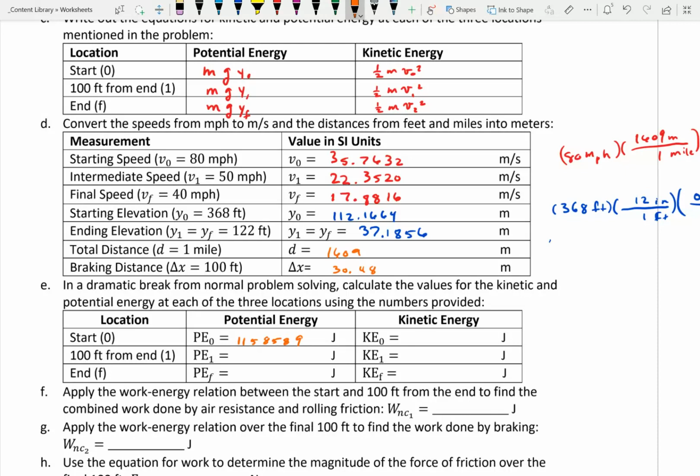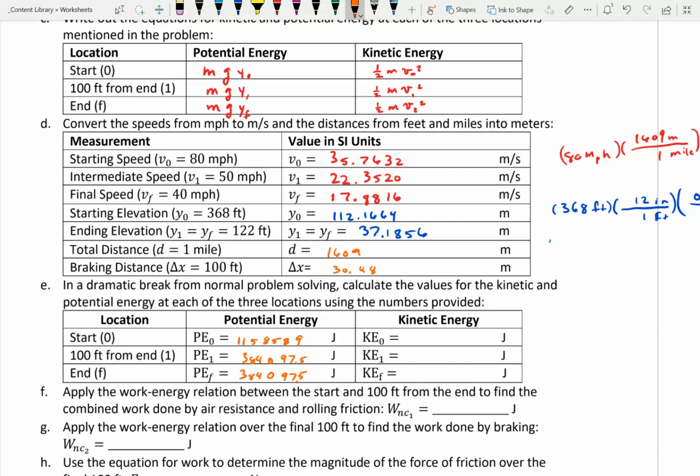The reason I'm putting all those out is, again, just round off error issues. This is 0. And of course, since the elevation for 1 and final is the same.